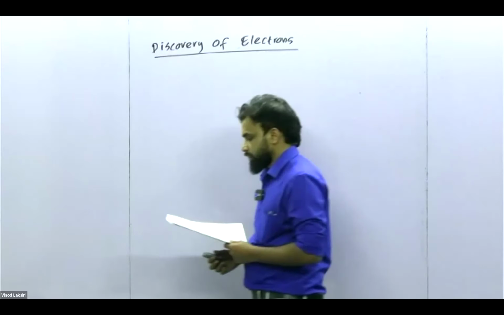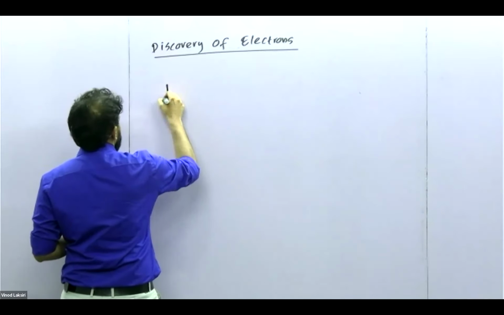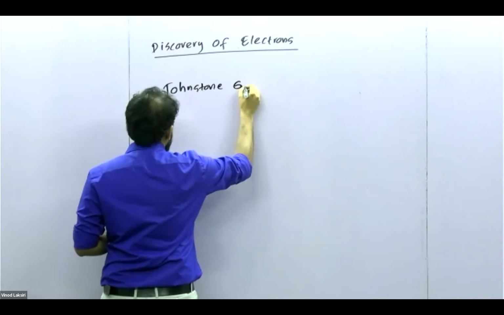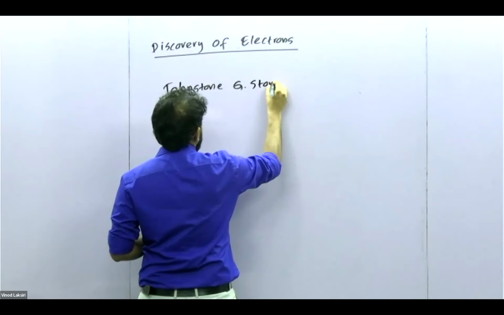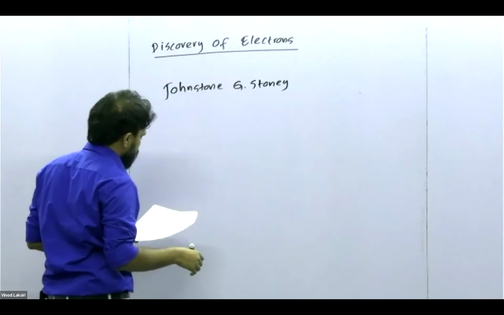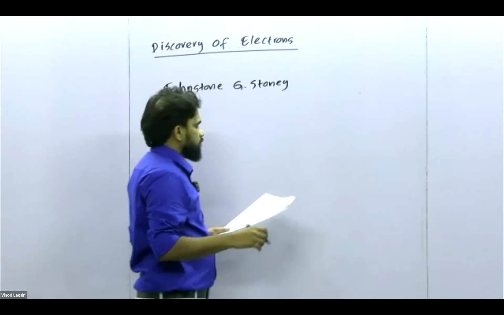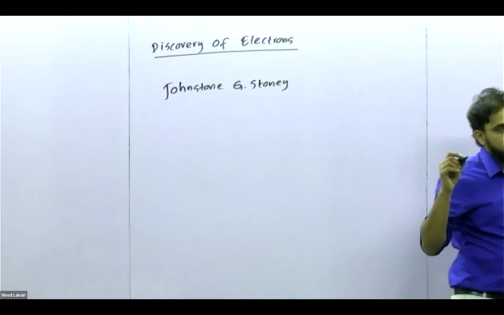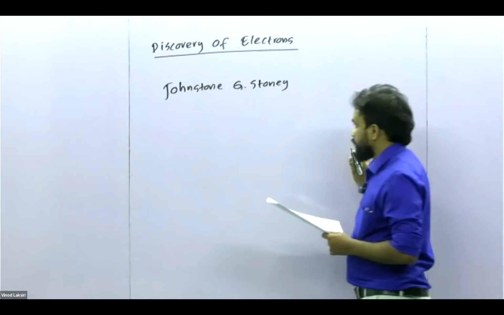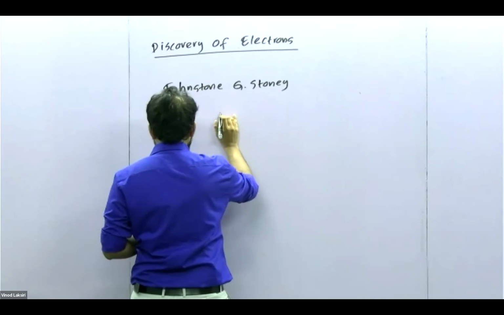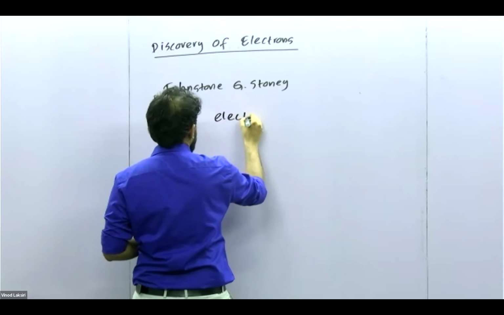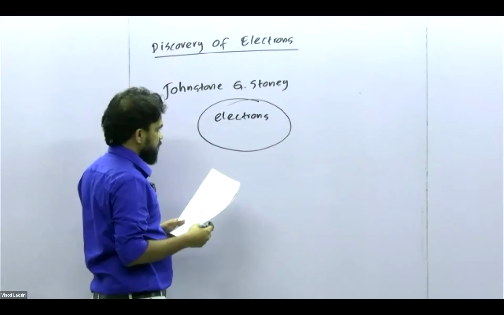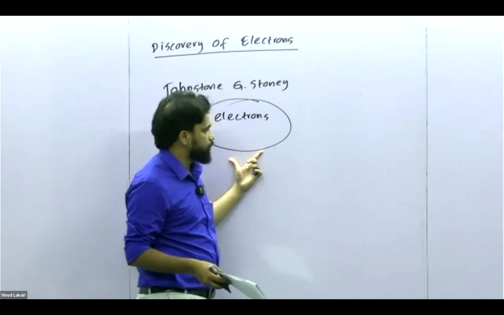So the scientist Johnstone G. Stoney, you have to memorize this name, stated that the fundamental particle carrying the electricity is electrons.